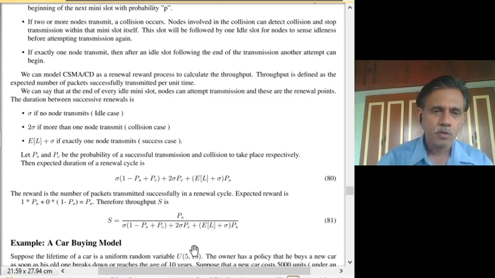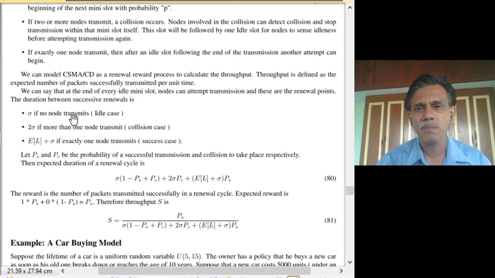Well, 3 things can happen. When the slot becomes idle, no transmission happens. When a slot becomes a collision one, no successful transmission occurs. Although there may be transmission attempts by more than one node, they are not successful.